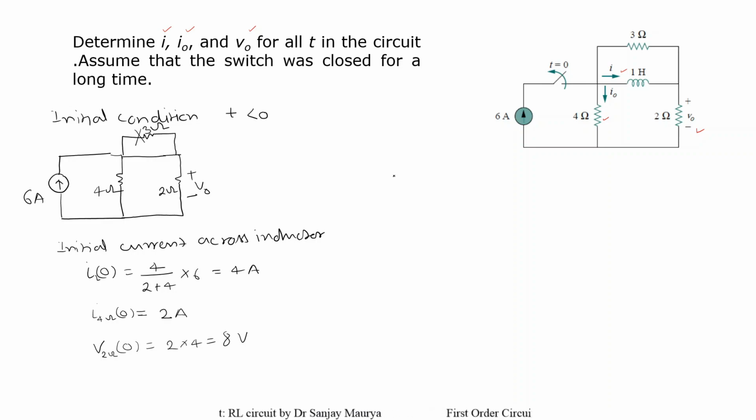Now next step is to determine the time constant. So t is going to be greater than or equal to 0, that is, the switch is open. I'm redrawing the circuit. So in this case, this current source will not be in the circuit.